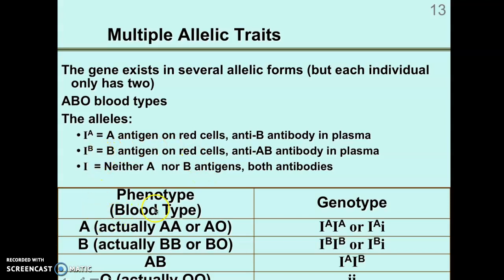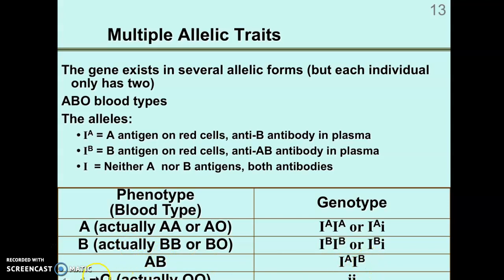But what you need to see here is this. If you phenotype, what does it look like that you actually have A blood? You could have AA or AO. This is your genotype, right? So it looks a little different. If you're B, it'd be BB or BO. If you have an AB blood type, that means you have an A from one parent and a B from one parent.